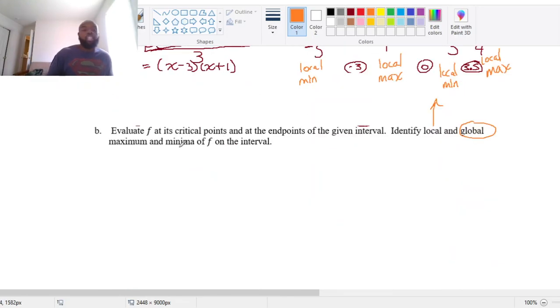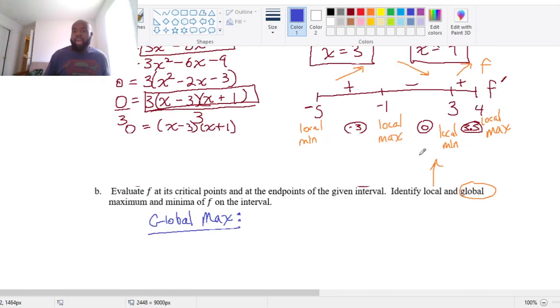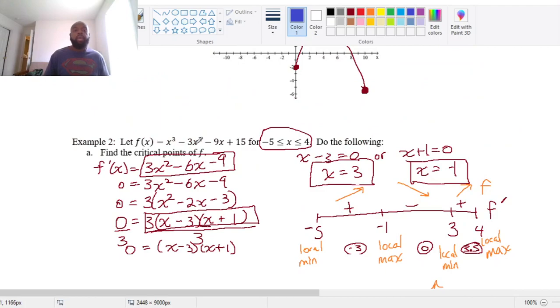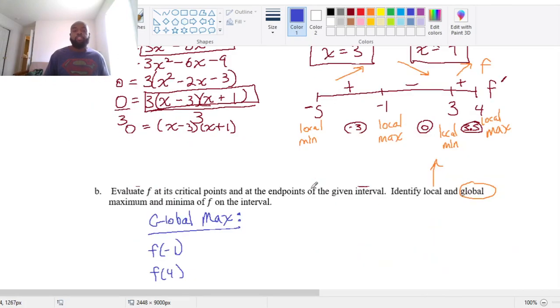So for this global information, I'm going to go to the x values of my maximums here, right, where x equals -1 and x equals 4, and I'm going to evaluate them. Right, I'm going to plug them into my original function, which is x cubed minus 3x squared minus 9x plus 15.